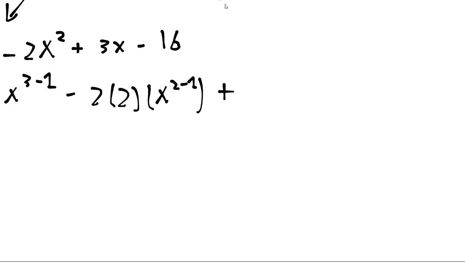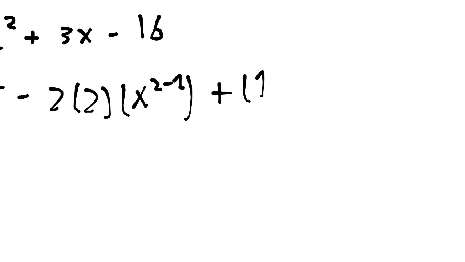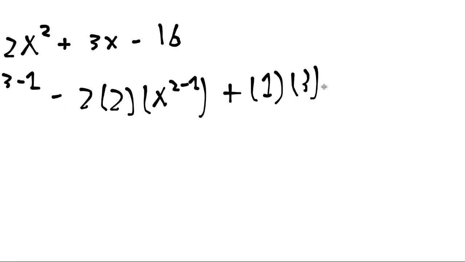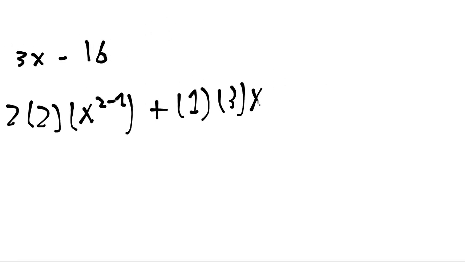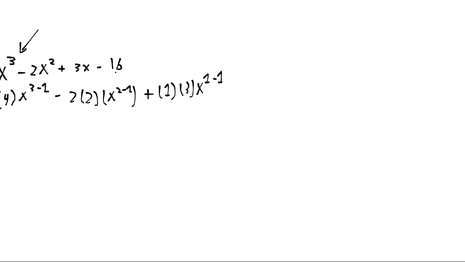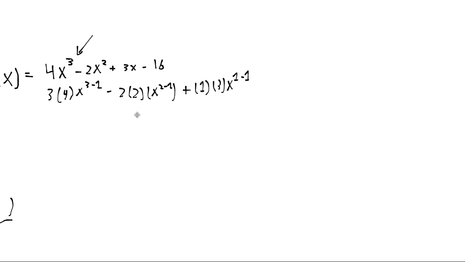Here, I'll draw this one better. Bracket 1 multiplied by 3x to the 1 minus 1. And then I'll leave out the 16 because it's a constant, we don't need it.